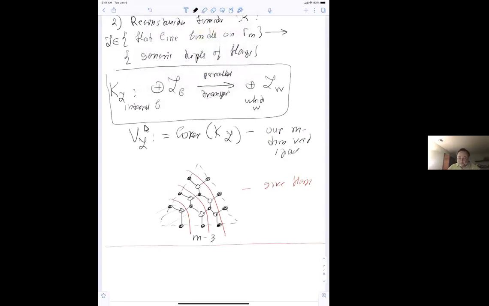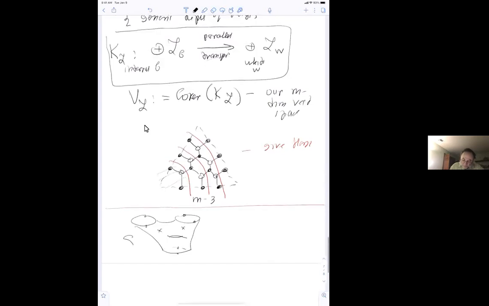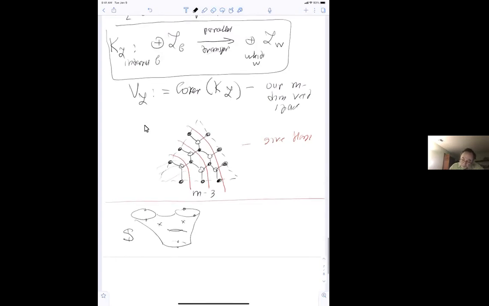So we can immediately have a generalization. Let's suppose that you have some surface like that, and the surface has some points on the boundary, some punctures. So this will be my decorated surface S. And then I want to consider some moduli space, let's call it X_{M,S}.